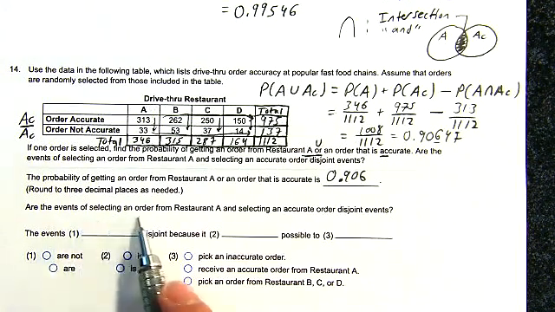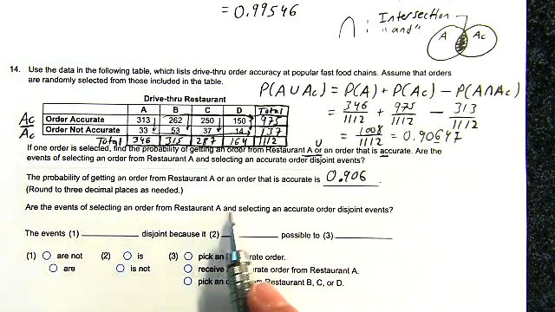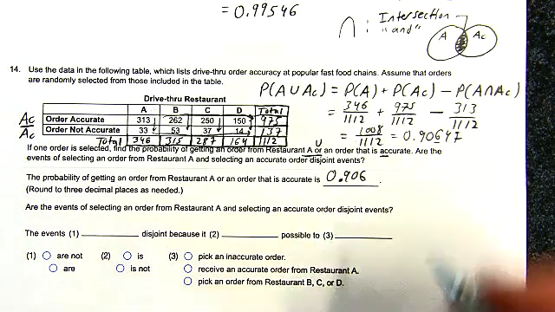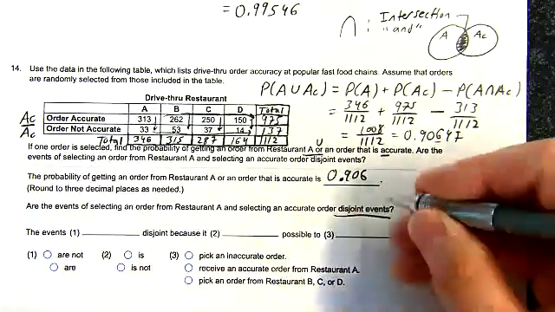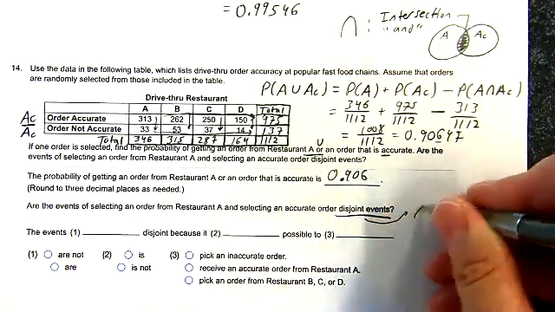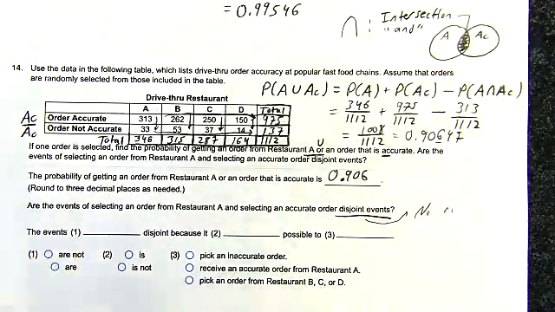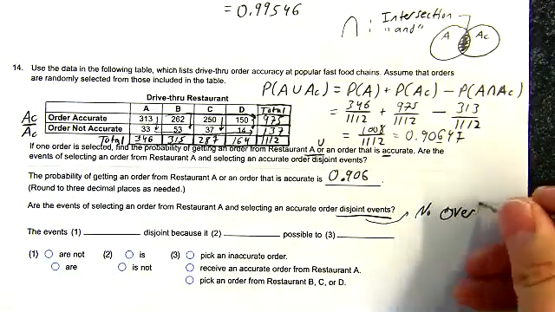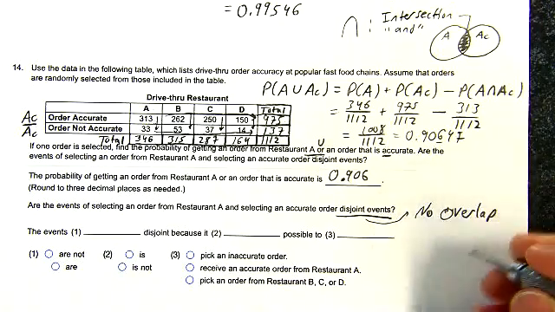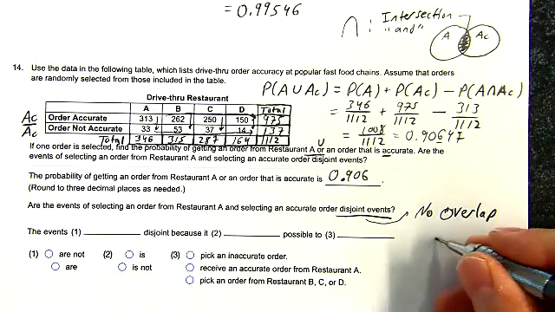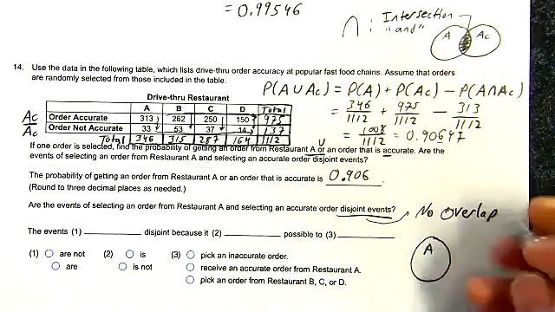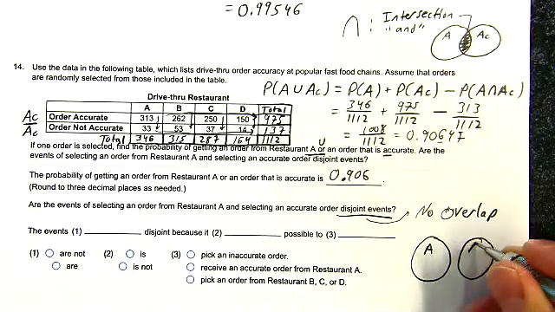Are the events of selecting an order from restaurant A and selecting an accurate order disjoint? Disjoint events means no overlap. And in Venn diagram form, it would look like this. Here's my restaurant A. Here's my accurate orders.